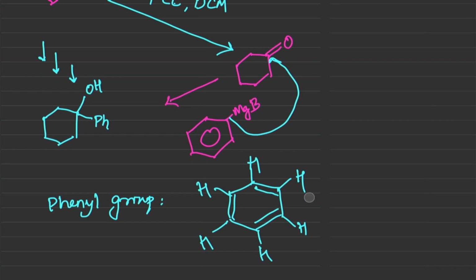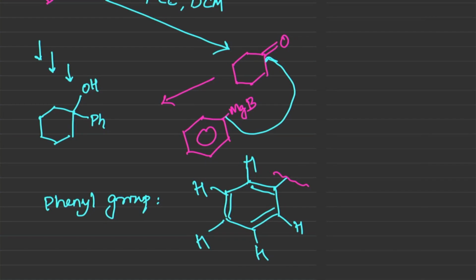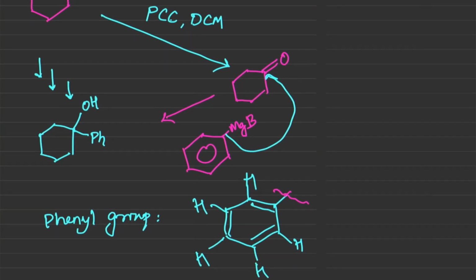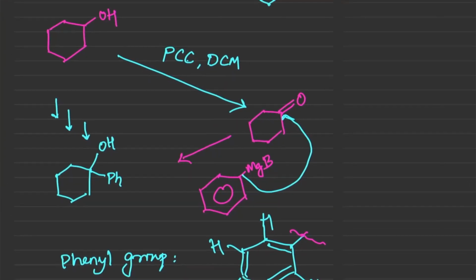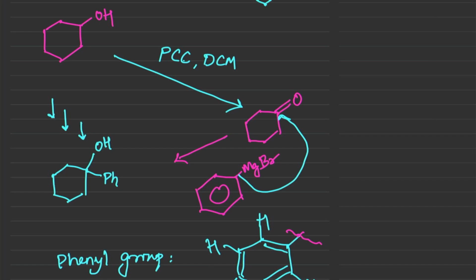So on your benzene ring, when one of the hydrogens is replaced and something is attached here, that's our phenyl group. In this case, what is attached here? We are attaching MgBr. So that's how the phenyl group is here. One of the hydrogens is replaced by something else. That's when we call it a phenyl group, just like a methyl group, where one hydrogen is replaced by something else. So this is MgBr.